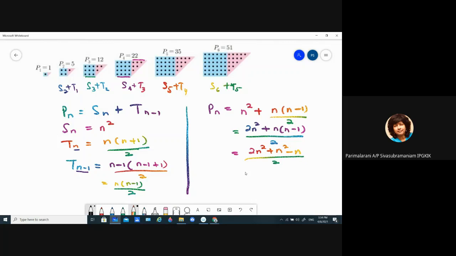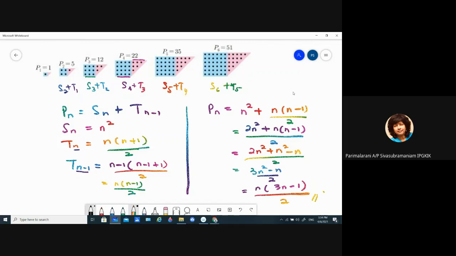So this is 3n squared minus n over 2. Factorize it, take out n, you have n into 3n minus 1 over 2. Same formula as just now.